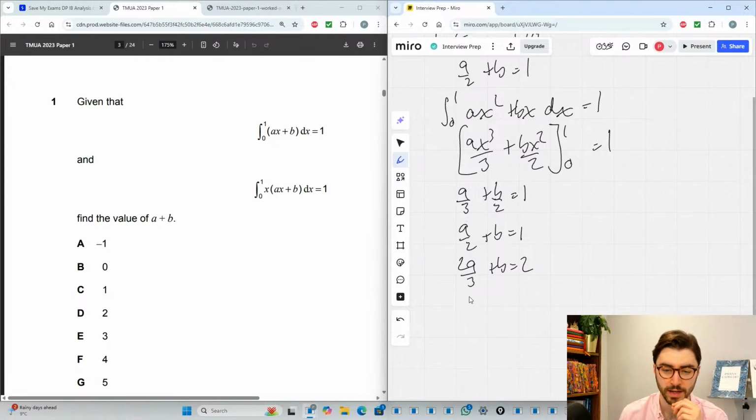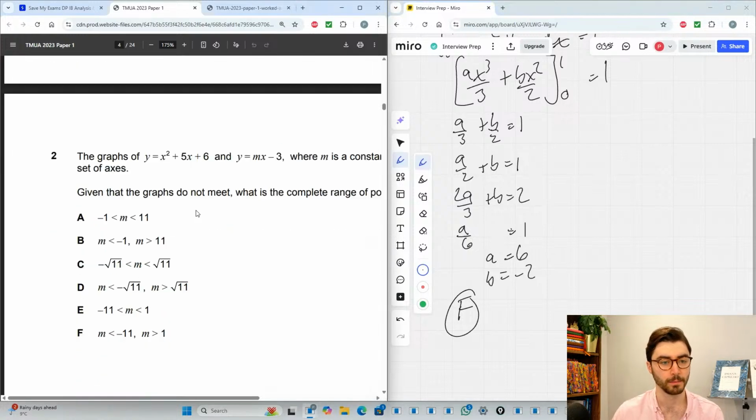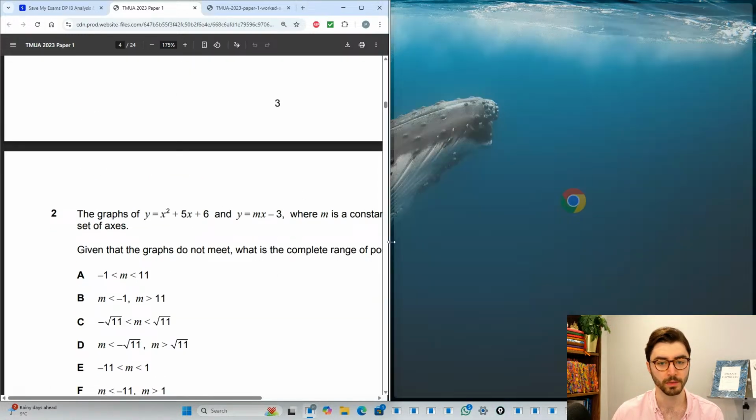That minus that is a 6th a, that minus that is 0, that minus that is 1. So a is equal to 6, and b is equal to minus 2. So a plus b is equal to 4, which is F. Okay, let's move this back over.